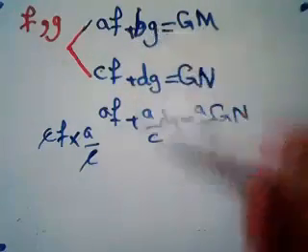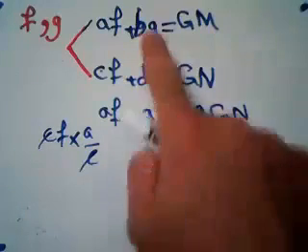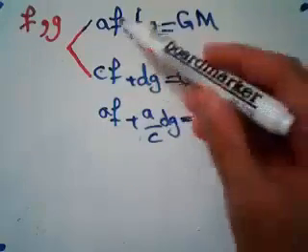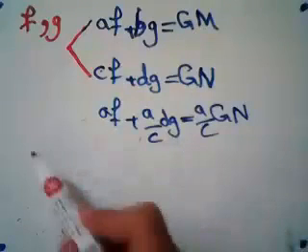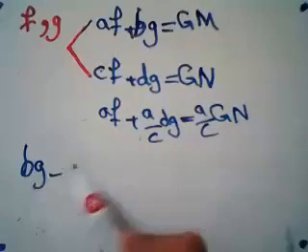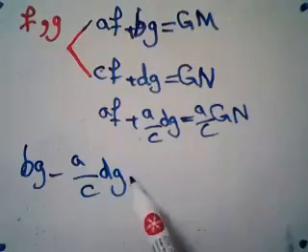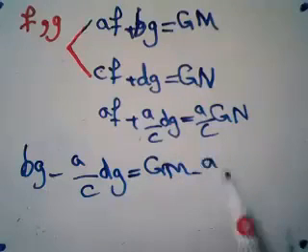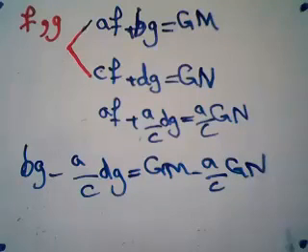Now for this one and the last one, subtract this equality from this. The af cancel each other out, and what got left is dg minus a over c dg equals Gn minus a over c Gn.